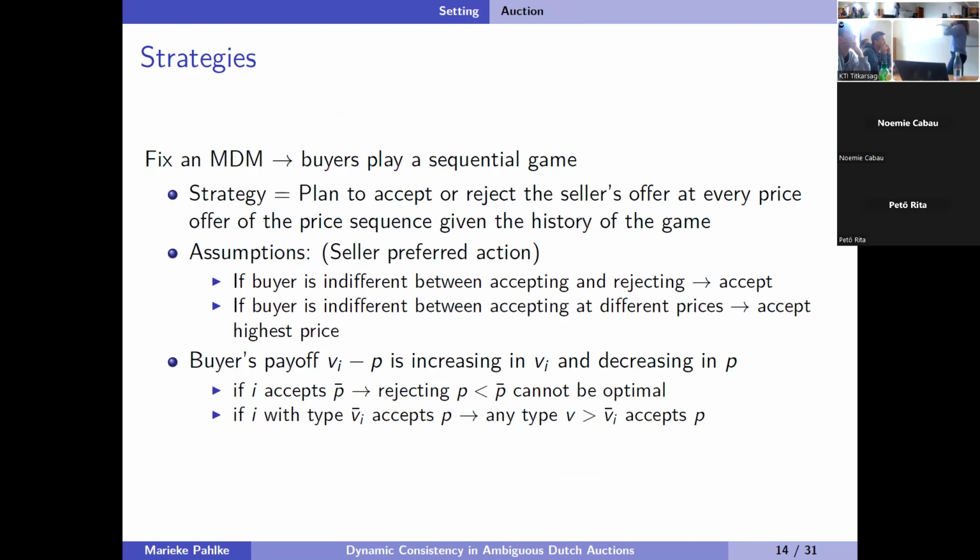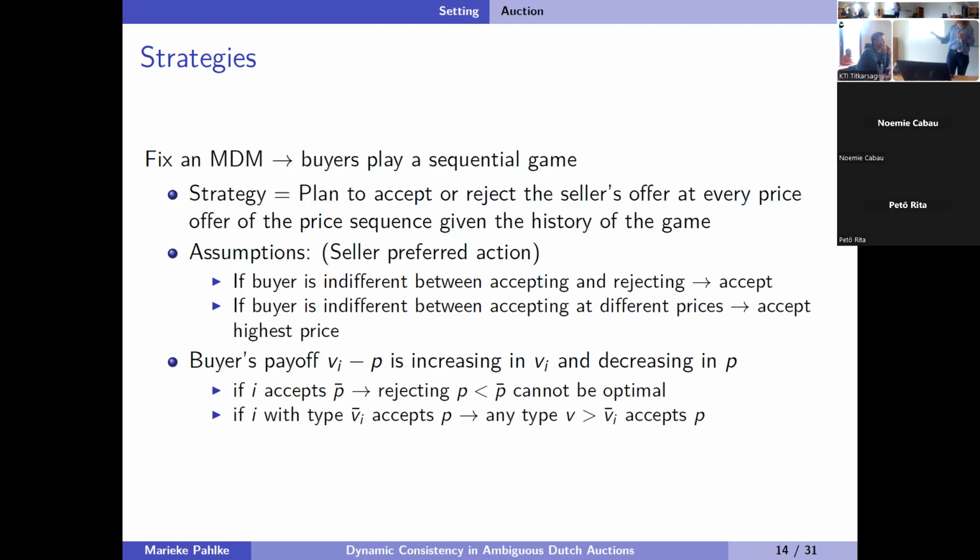We make a few assumptions. First, if there is some indifference, buyers will choose the seller-preferred option. This is just to avoid indifference considerations. If the buyer is indifferent between accepting and rejecting an offer, he accepts the price. If he is indifferent between accepting different prices, he will accept the higher price.